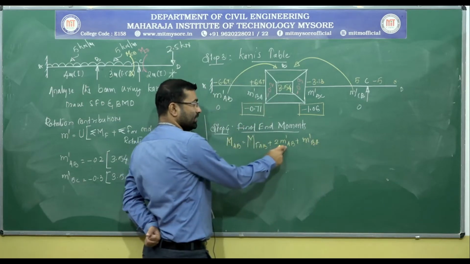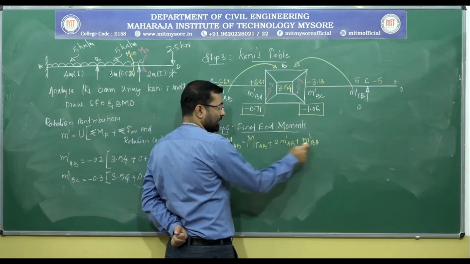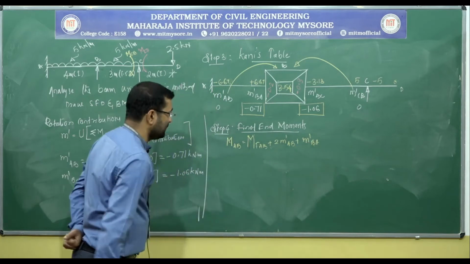For AB, M dash AB is the near end and M dash BA is the far end.